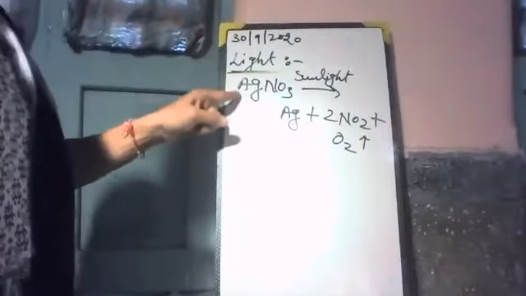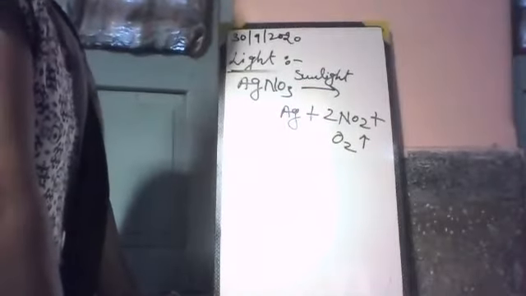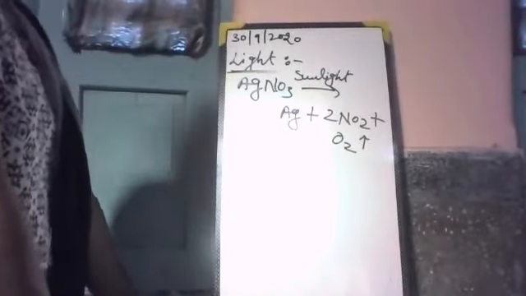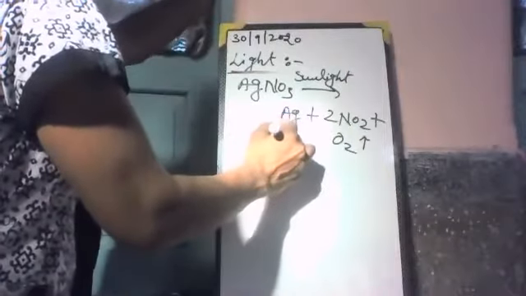This changes the color of silver nitrate. The silver nitrate solution becomes black as it decomposes to silver.